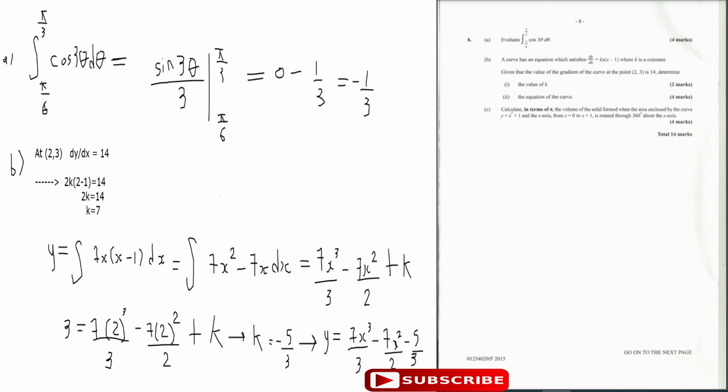Nice and easy. So plug in x as 2: 7 times 2 cubed divided by 3 minus 7 times 2 squared divided by 2 plus k.